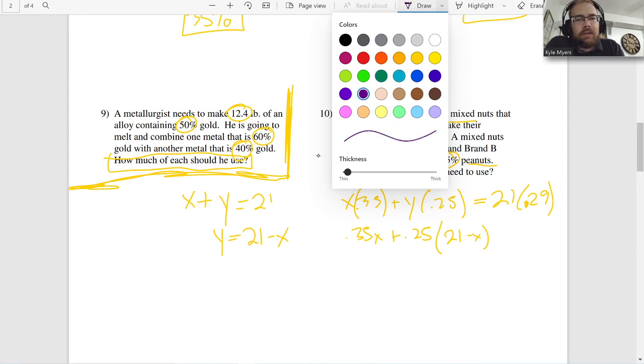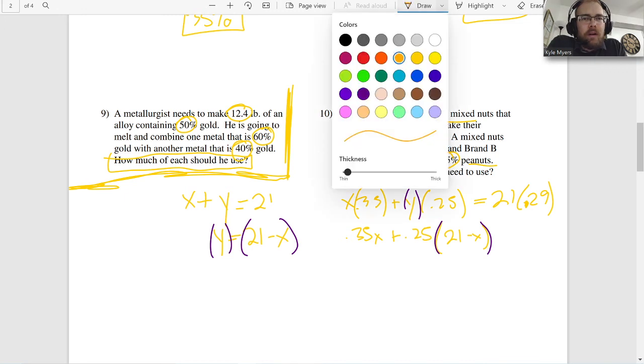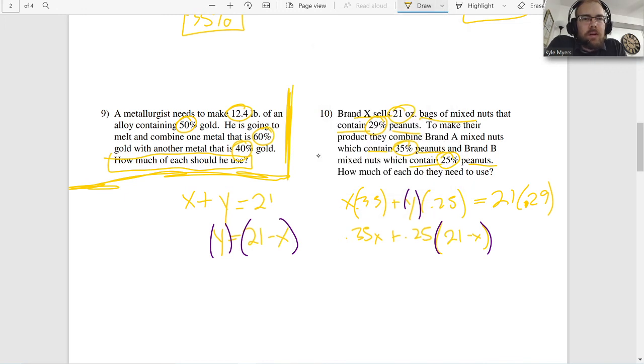Let's do purple. So this right here is equal to y, here's the new y. I also switched the 0.25 so it's at the beginning. That way it's better when you go to distribute. And now we can solve.